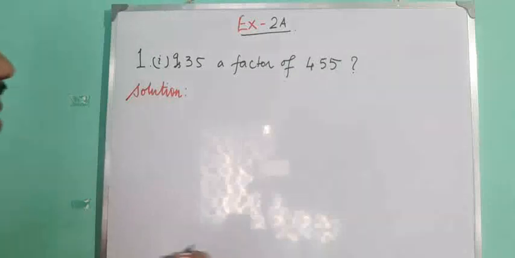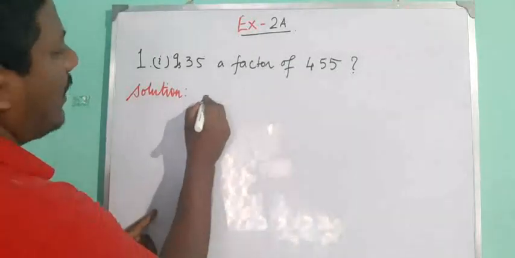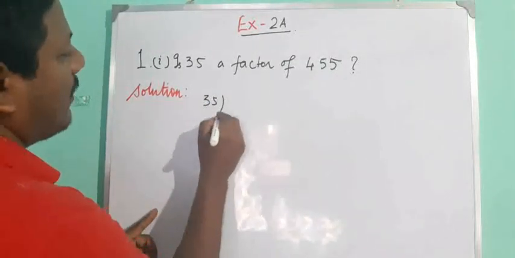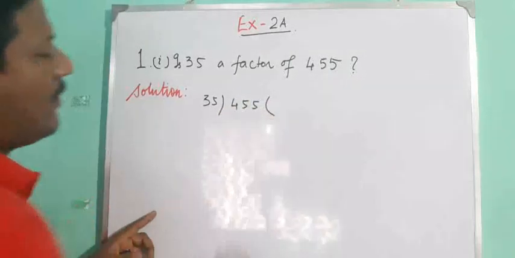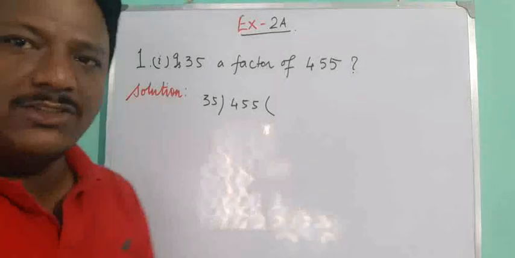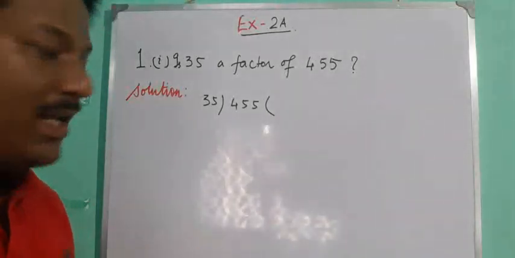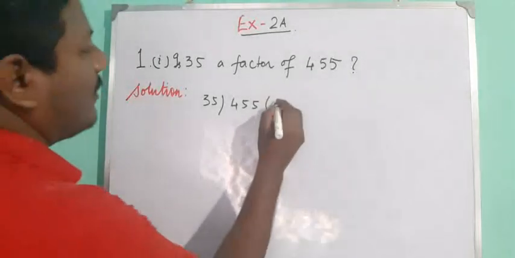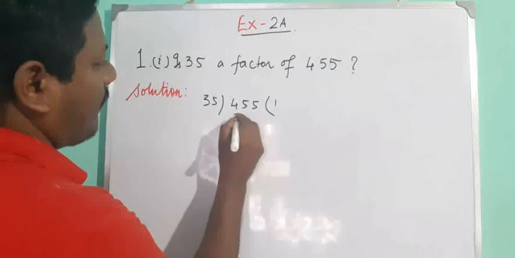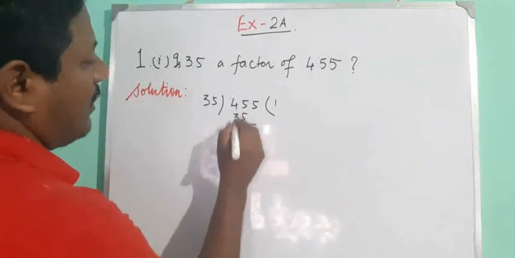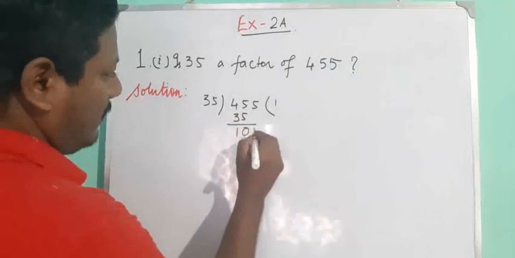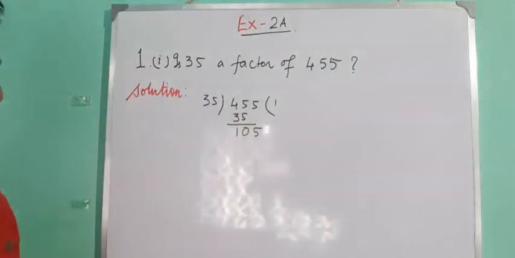For this, do a simple division, which you already learned in your previous class. 35 will go in one time, this 0 and this 1 and 5 will come down.